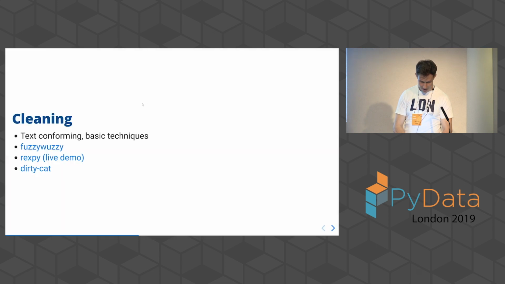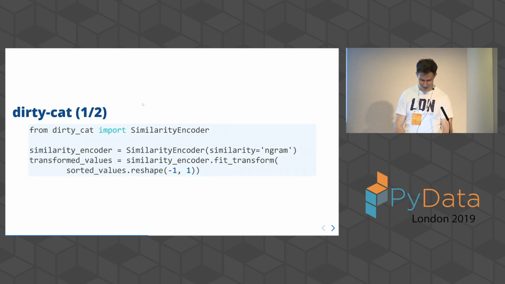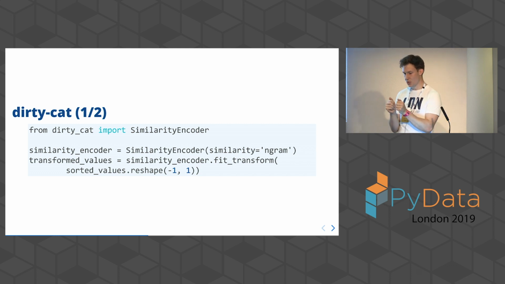Dirty Cat is another Python package. There's a couple examples there, and the most useful thing I've found is a similarity encoder, which works in a kind of similar way to a word embedding. If you feed it a bunch of text, it'll try to group similar ones together and give them similarity scores.